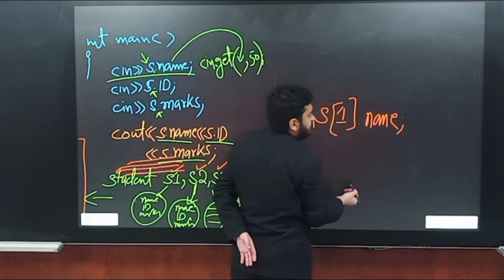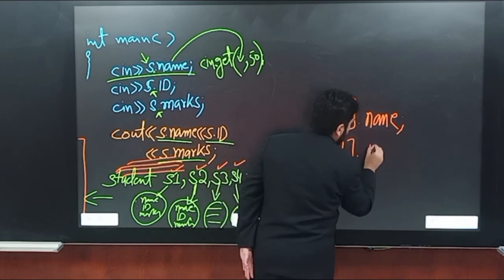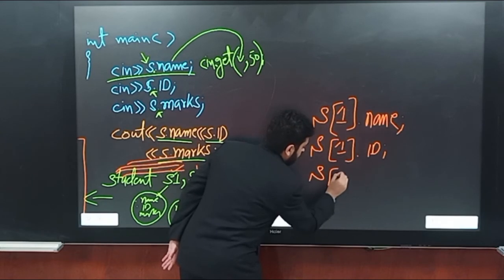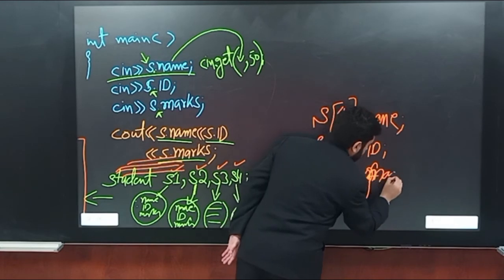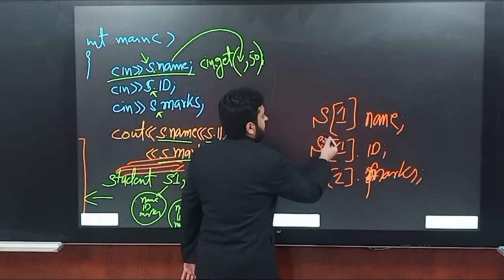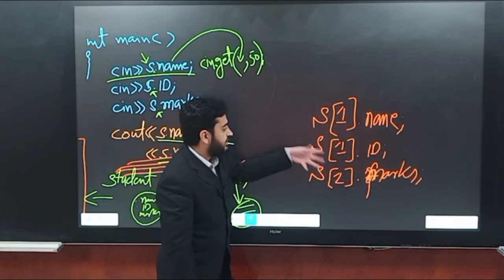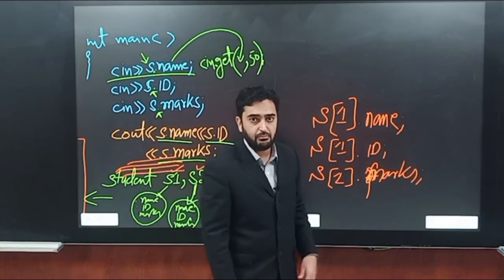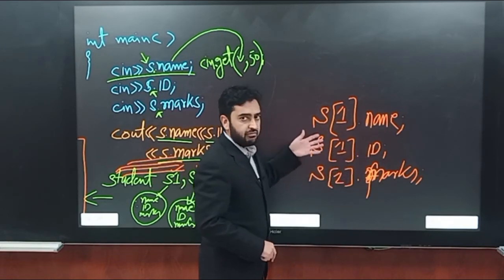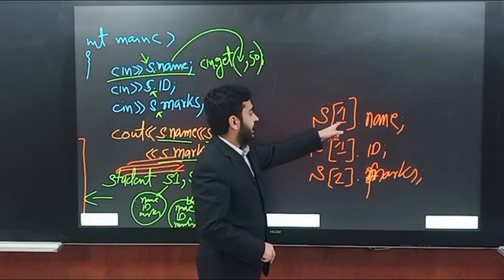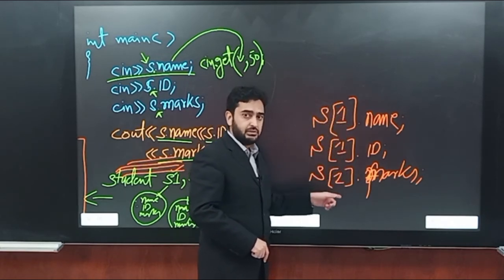So this is another copy. S of index 1 dot ID, S of 1 dot name, S of 1 dot ID, S of 1 dot marks. So in index 1, we have 3 variables of the structured data type that can be utilized for a single student. In a similar way, we can declare or define and initialize the values of index number 2, index number 3, index number 4, up to index number 29.